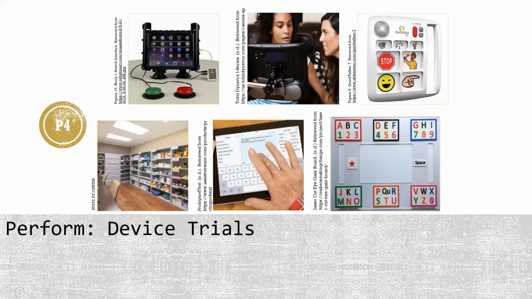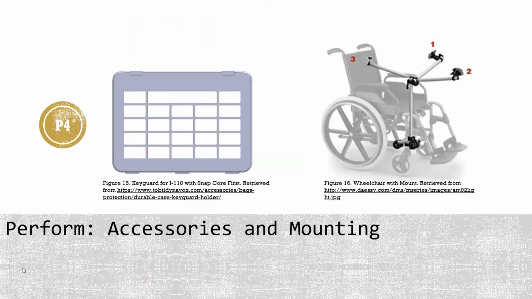Again, please remember to also connect with your state AT centers. We have ours down here. Here's our FAST center demonstration room, so that you can get your hands on these systems before and prepare them for the AAC assessment. As we were talking about that, we want to not forget about some accessories as well.